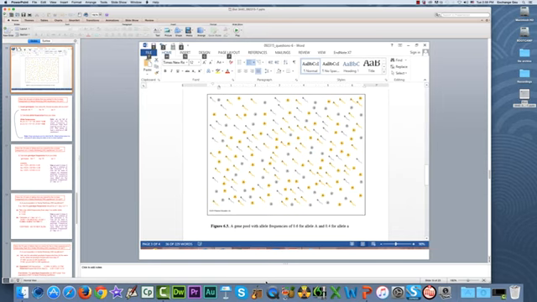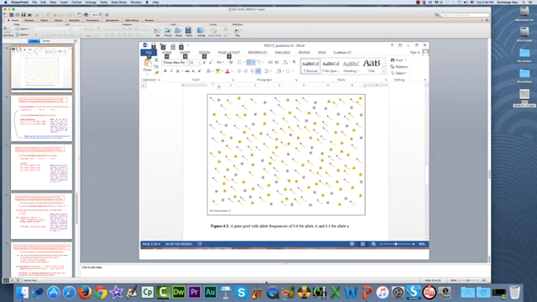Some fraction will be homozygous dominant, some will be heterozygous, some will be homozygous recessive. Note at the bottom of this figure, it says that the gene pool has an allele frequency of 0.6 for allele big A, and 0.4 for allele little a.